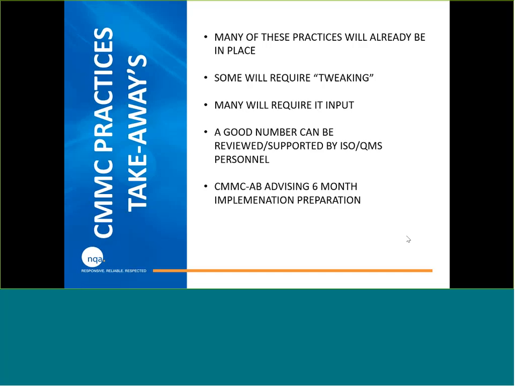Once you're ready to be certified, it will really be a question of what C3PAOs are out there and what the assessor availability is. I don't think I would build that into the 6-month preparation necessarily, unless you're starting those conversations with a C3PAO early on. Again, don't expect to go 5 months and be implemented and then expect the audit to take place within the next 3 to 4 weeks.